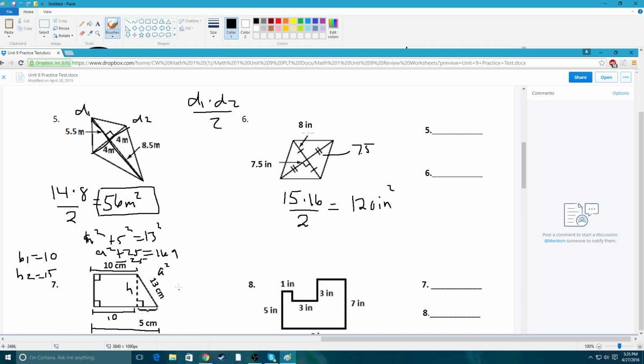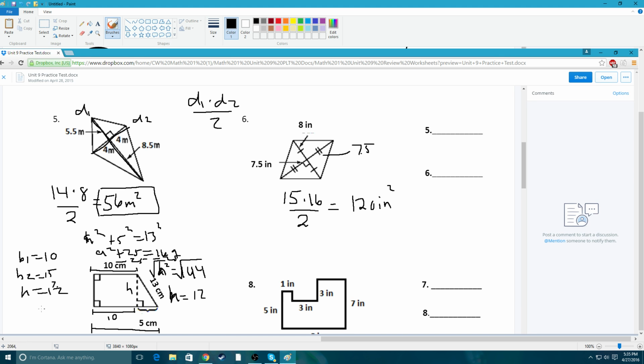So that means that h squared is equal to, sorry, 144, because we subtracted 25 from it. And we square root both sides, and we get h is equal to 12. So the height's 12.